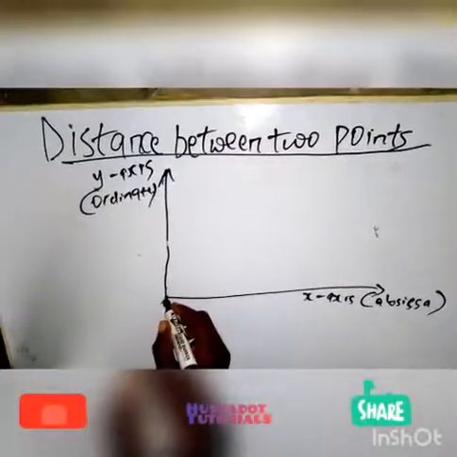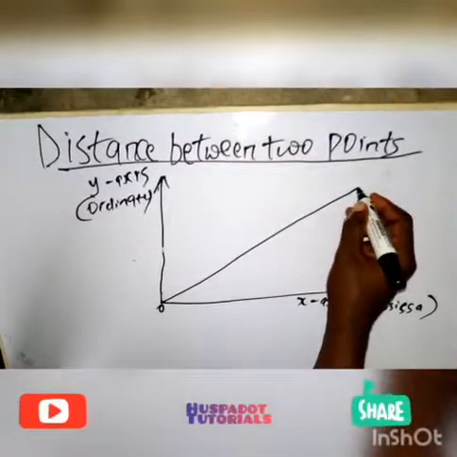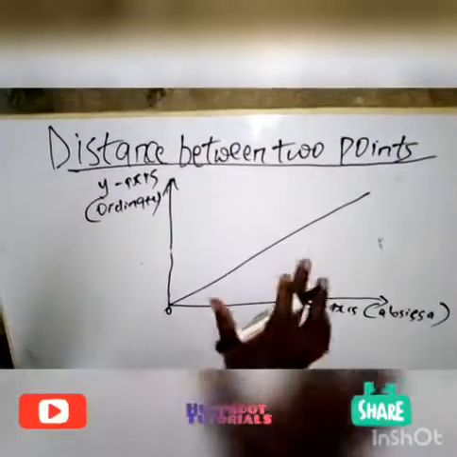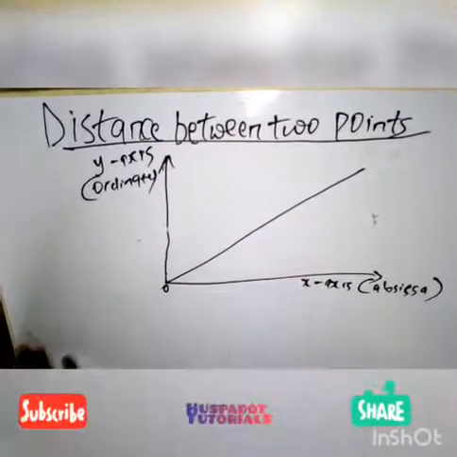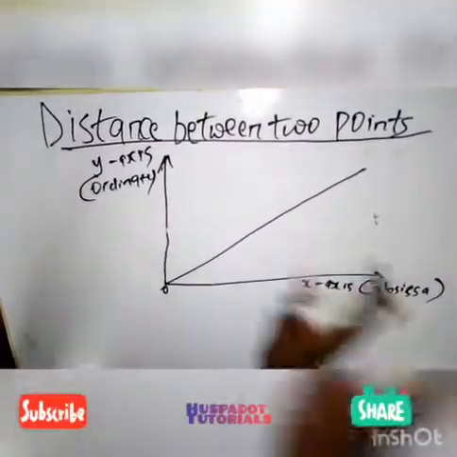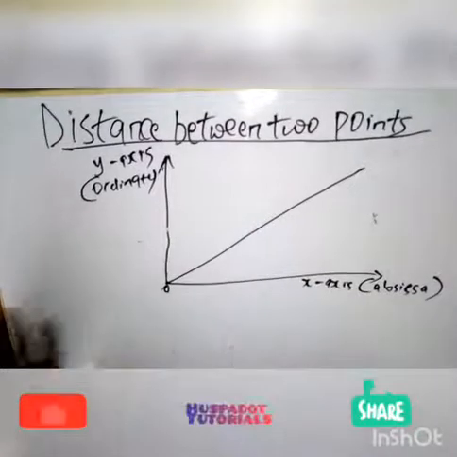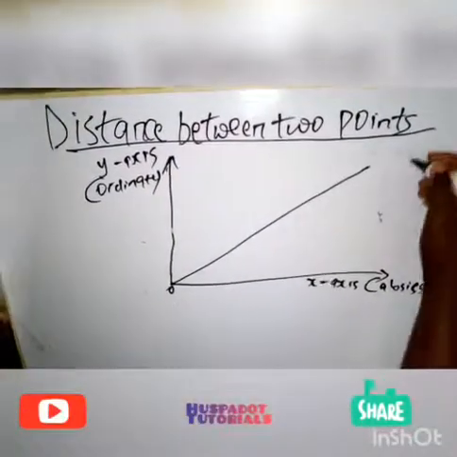So the line drawn through the origin, this is it. The points in a plane are represented by the distances, as I've said earlier, with the x-axis.